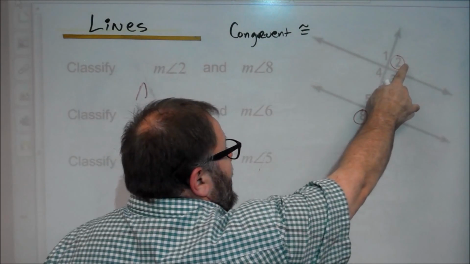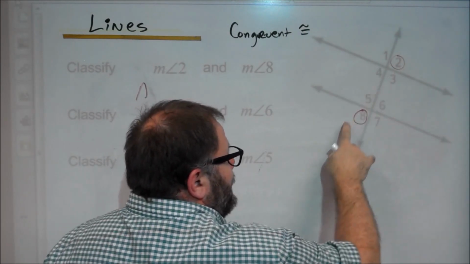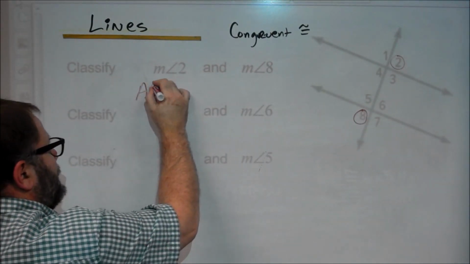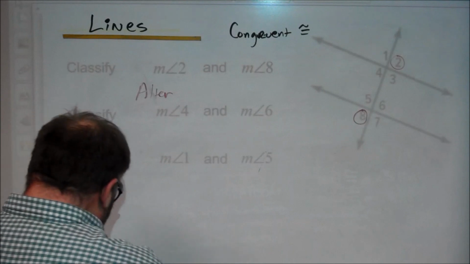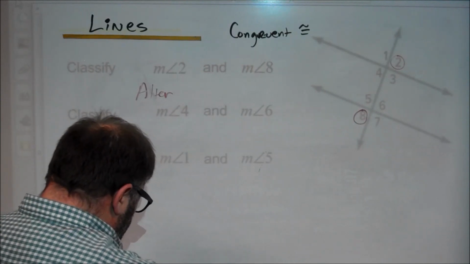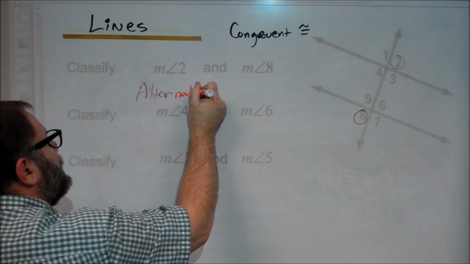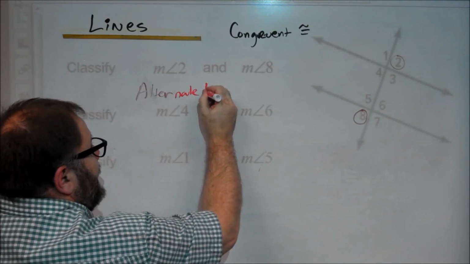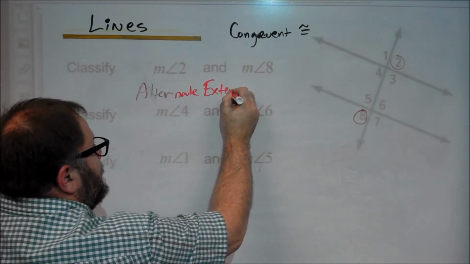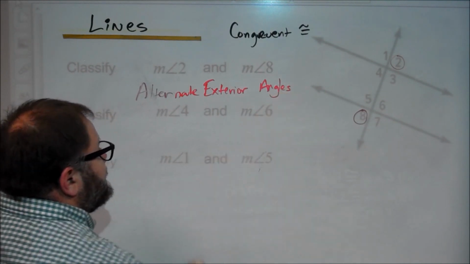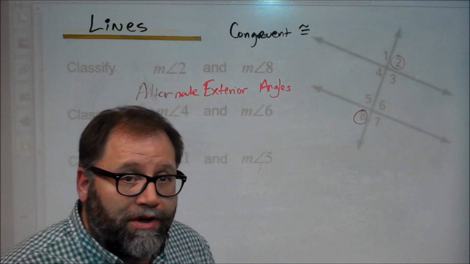They're outside and they're opposite each other on the transversal, which makes them alternate exterior angles. Now in the next lesson we'll talk about how we can decide what their measure is.